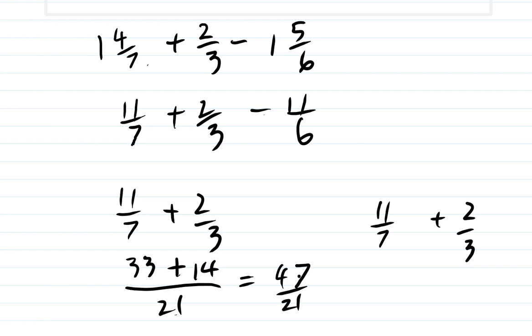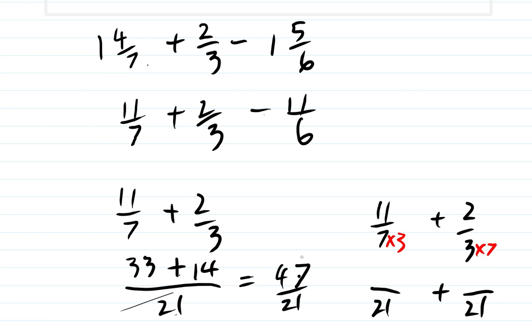Or if you have 11 thirds plus 2 thirds, you get 13 thirds. But here, you want the same thing in the denominator. If you multiply 7 by 3 and 3 by 7, what you're going to get is something over 21 plus something else over 21.